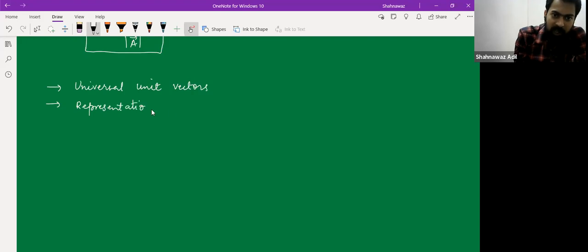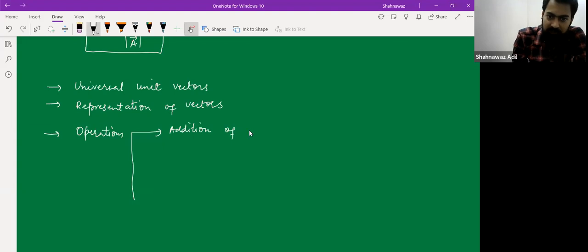If we know the representation of vectors, then we can describe the operations on the vectors: the addition of vectors, the subtraction of vectors, and the multiplication of vectors. These are the operations defined on vectors.